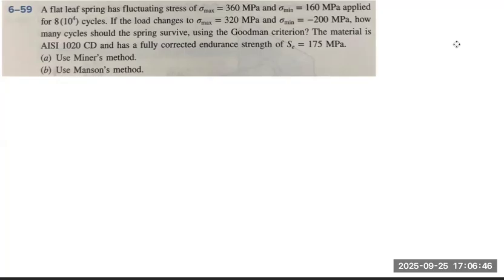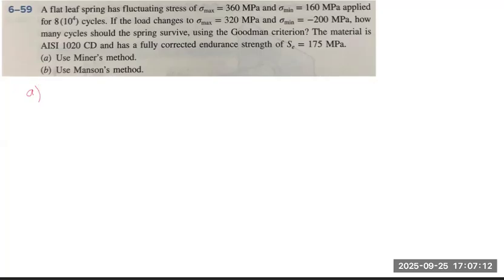The material is AISI 1020 CD and has a fully corrected endurance strength of SE equals 175 megapascals. We are only going to do part A of this problem since Miner's method is rarely used, so it won't be tested on the exam.